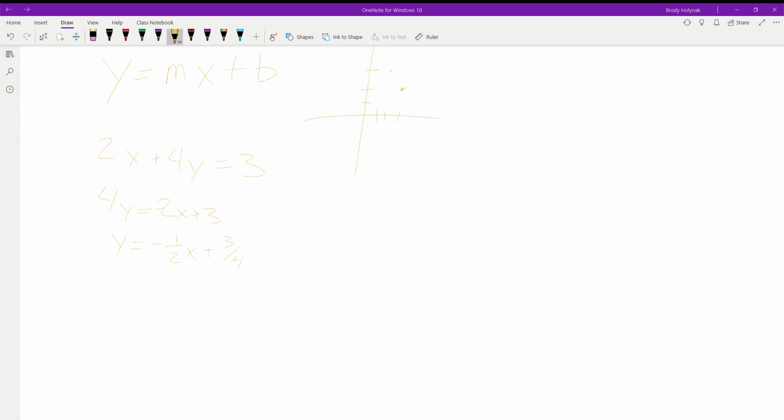The other one is when you have an equation. So we'll go with this one: y is equal to negative 1/2 x plus 3/4. I want to know what my y coordinate is at x equals 3. Where am I going to plot that if all I'm given is a coordinate and my slope?